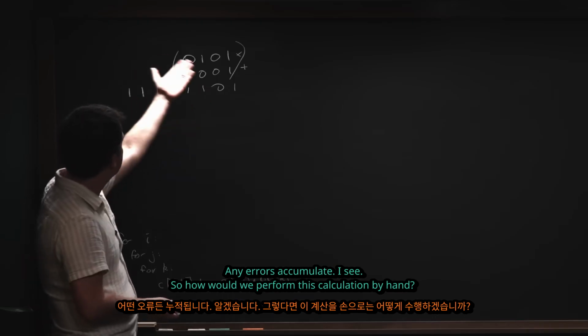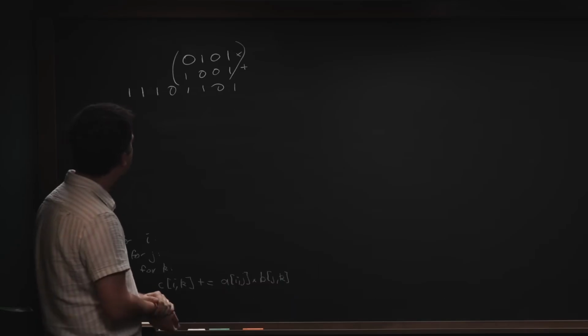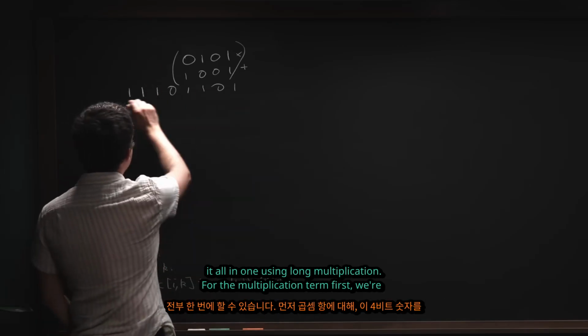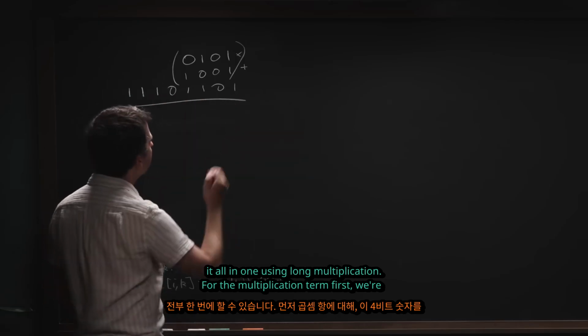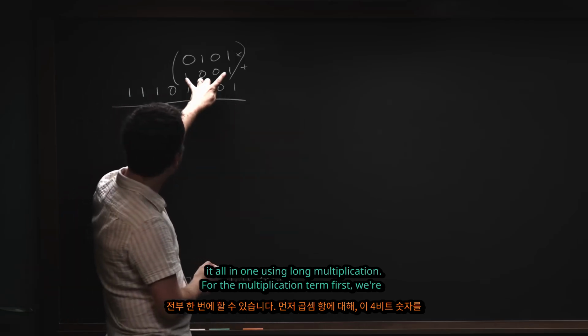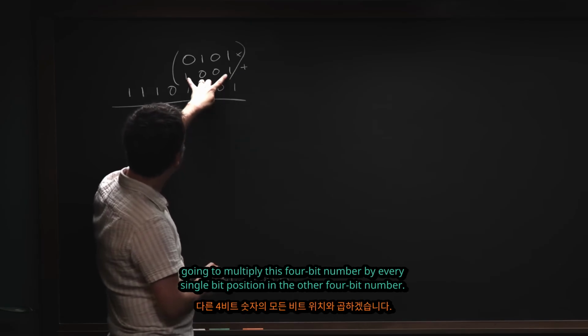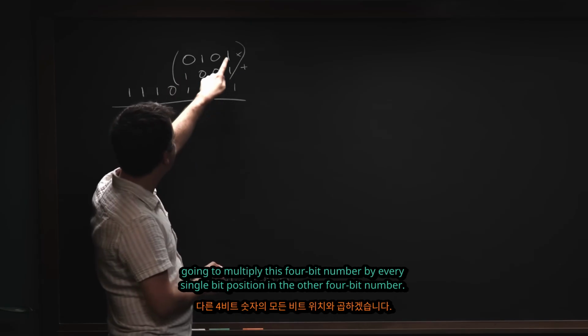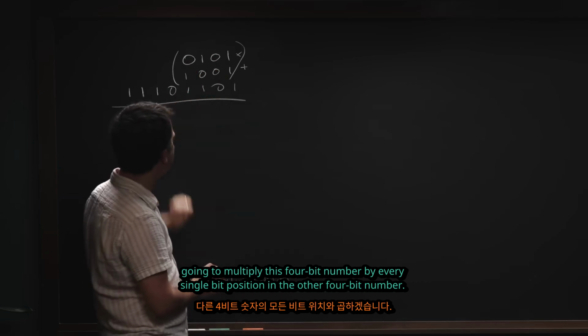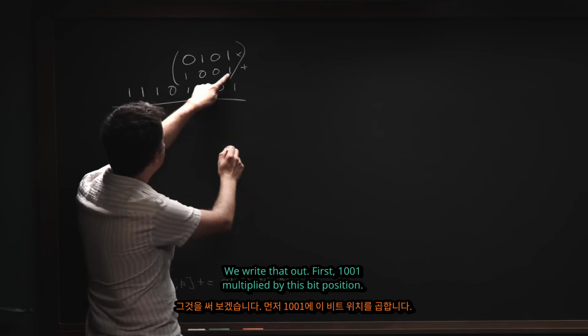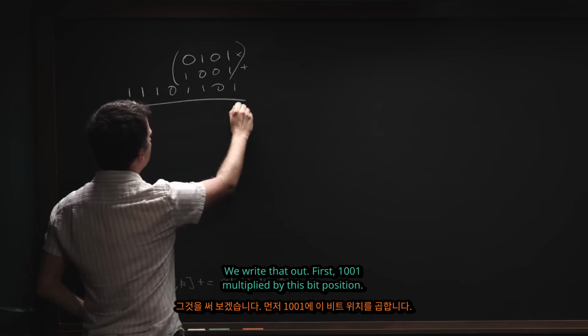So how would we perform this calculation by hand? As a human, we would probably separate it into two, but we can do it all in one using long multiplication. So for the multiplication term first, we're going to multiply this 4-bit number by every single bit position in the other 4-bit number. So we write that out. First, 1001 multiplied by this bit position.